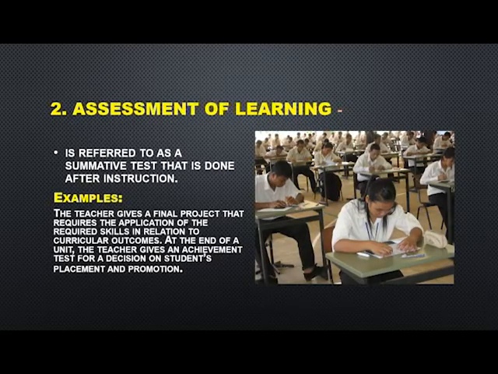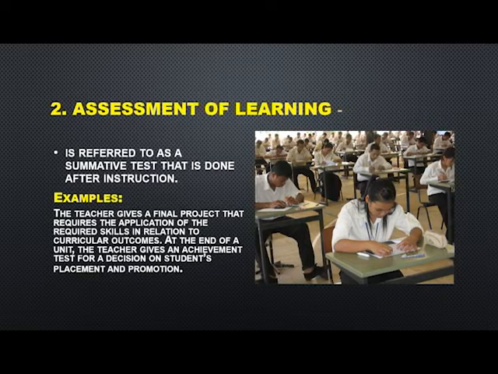Assessment of learning. Always it is referred to as a summative test that is done after instruction. If for learning is during or before, this assessment of learning is done after instruction. An example is the teacher gives a final project that requires application of the required skills in relation to the curricular outcomes.